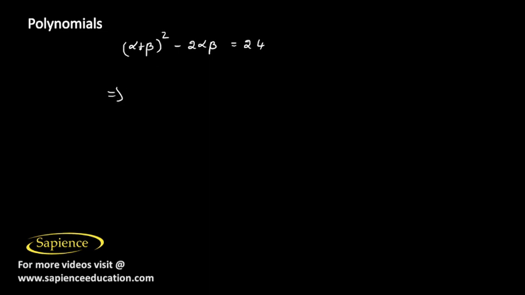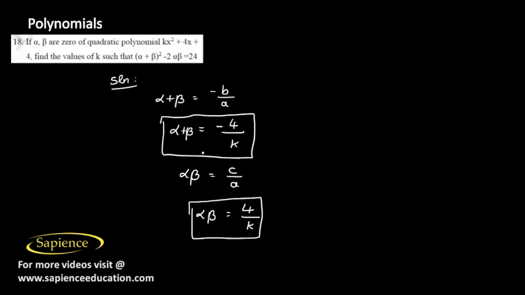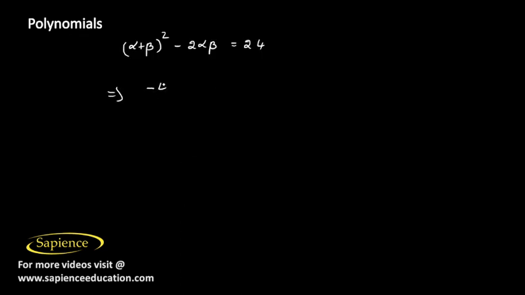We just found the values of alpha plus beta and alpha beta as minus 4 by k and 4 by k. We will substitute that here, so we will get minus 4 by k whole square minus 2 into 4 by k.